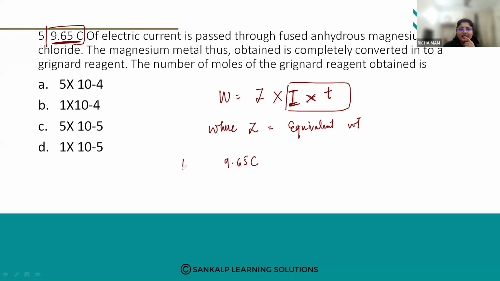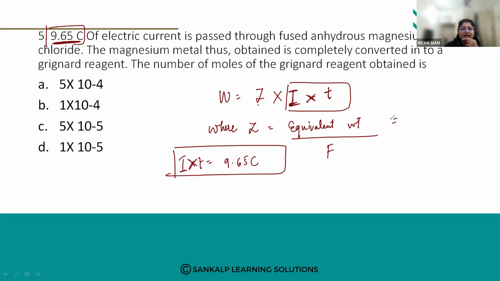So this I into T is 9.65 coulombs, this much charge is passed at that particular time. Now we have to calculate Z. Z is the equivalent weight upon the Faraday. The equivalent weight of your magnesium metal is 12, so it is 12 by 96,500.